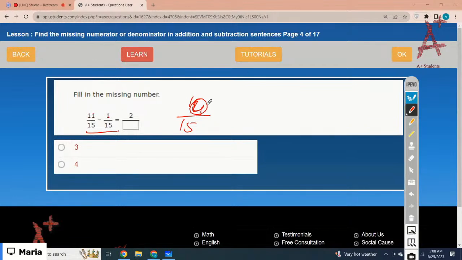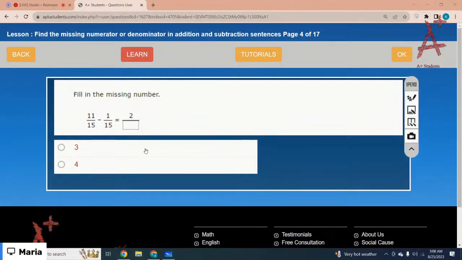Just subtract the numerators. 11 minus 1 is 10. You can divide by the common factor 5. So it would be 5 times 2 is 10 and 5 times 3 is 15. So that means the missing one is 2 over 3. Just select the correct option and click on the OK button.